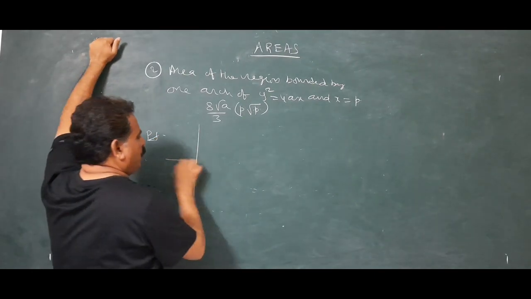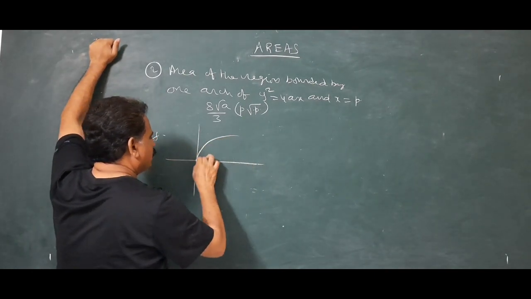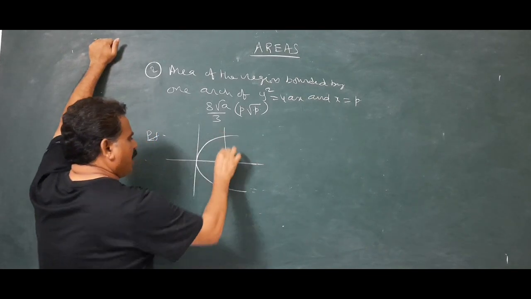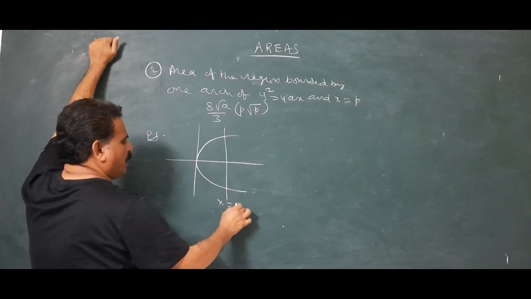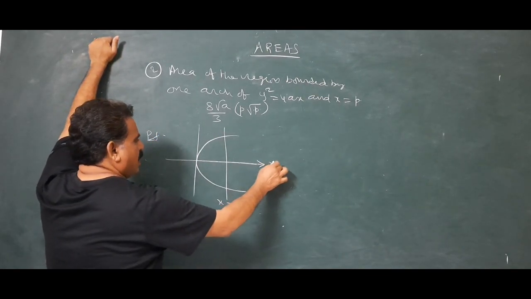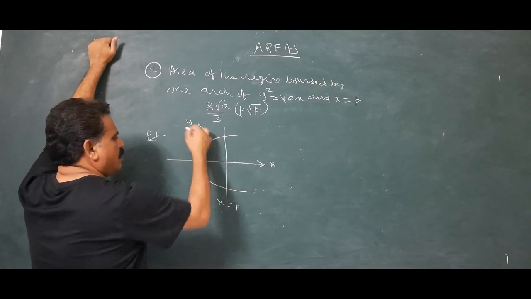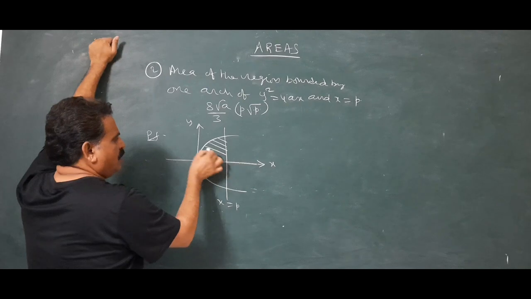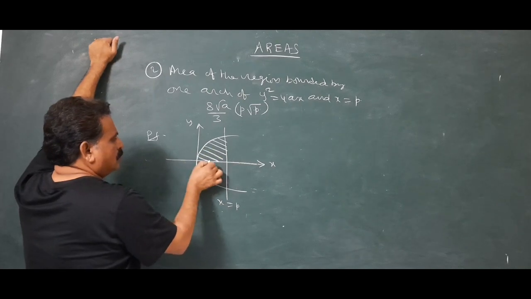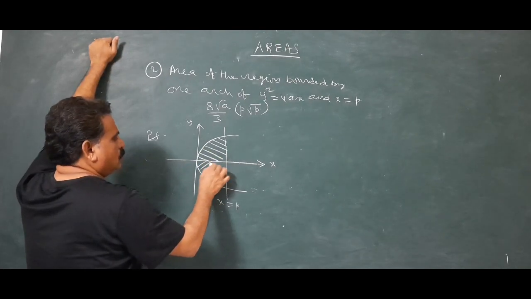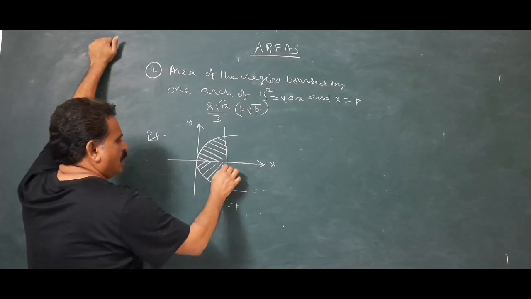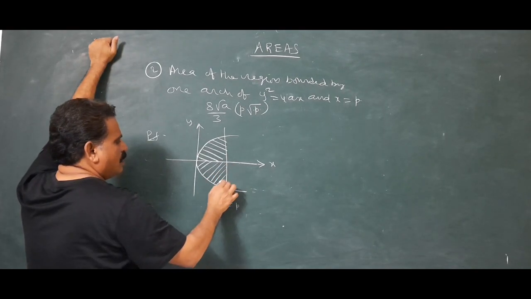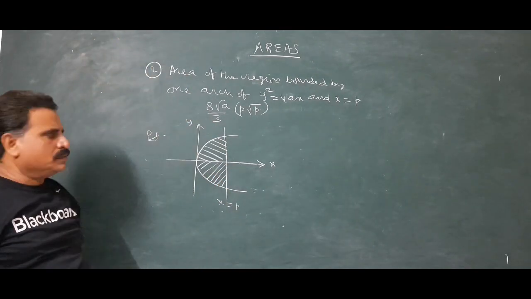Y square equal to 4ax. X equal to p. This is the line x equal to p. This is x axis, y axis. Clearly, the region is symmetric to x axis because the curve is symmetric to x axis.